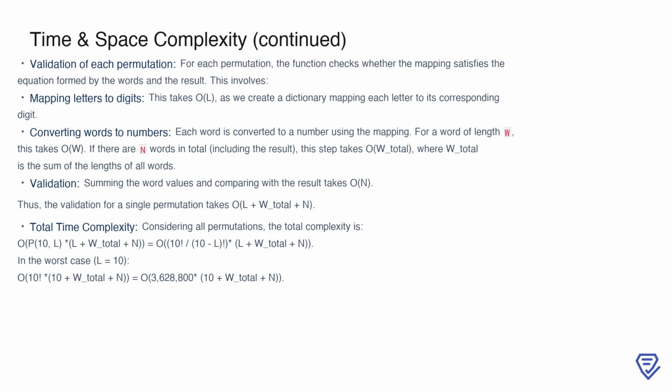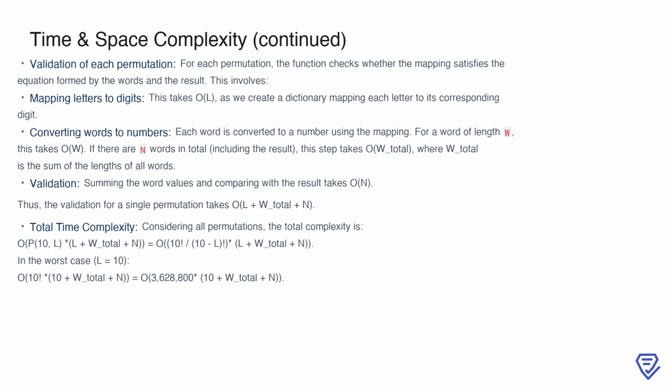If there are n words in total, including the result, the overall cost of converting all words is W_total, where W_total is the sum of the lengths of all words. Finally, the validation involves summing up the numerical values of the words and comparing the result, which takes n time. Combining these steps, the time complexity for validating a single permutation is L plus W_total plus n.